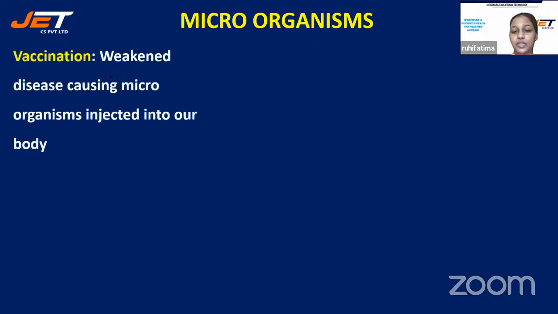Vaccination. What is vaccination? Vaccination means weakened disease-causing microorganisms are injected into your body to gain immunity against that infection. For example, with polio, the weakened microorganism is injected into our body, or sometimes taken orally.